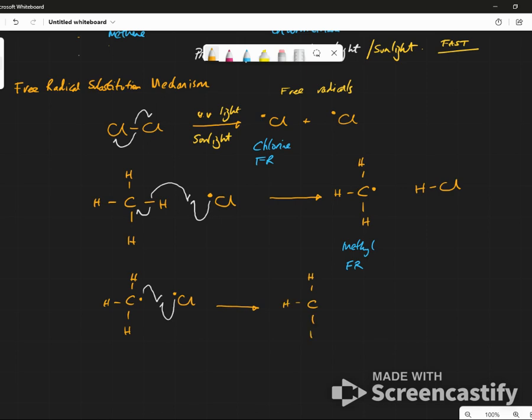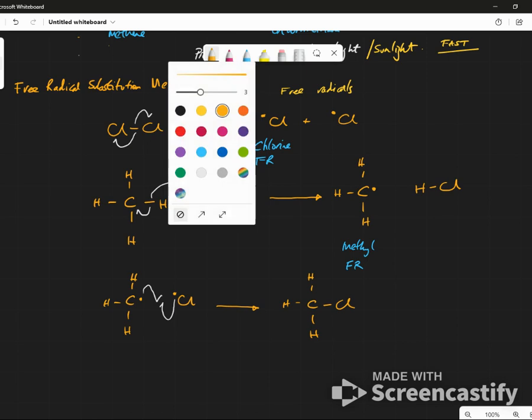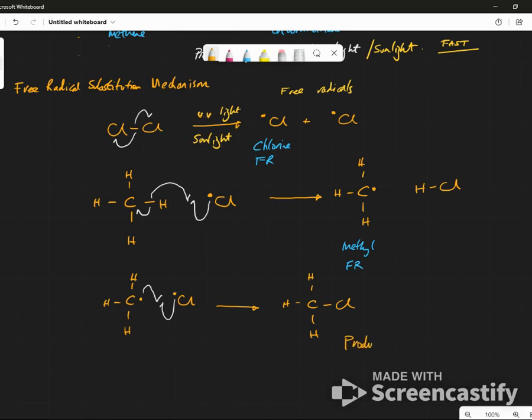We get this guy, which is our product. What is it? It's methyl chloride. I'm showing my age there. This is what we used to call it. It's chloromethane. We used to call it methyl chloride a long time ago. All right. So that's the mechanism for the chlorination of methane.